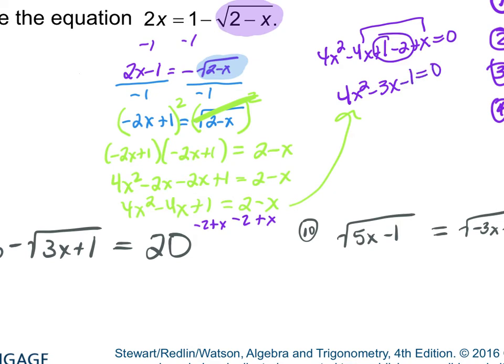Now we get to our favorite thing to do in the world, factoring. Since my a is not 1, I have to say a times c. So 4 times negative 1 gives me negative 4. What are the factors of negative 4 that multiply to give me negative 4 but add to give me negative 3?